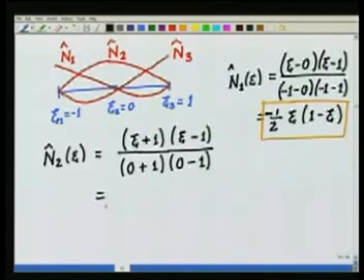So this is going to be equal to 1 minus psi squared.